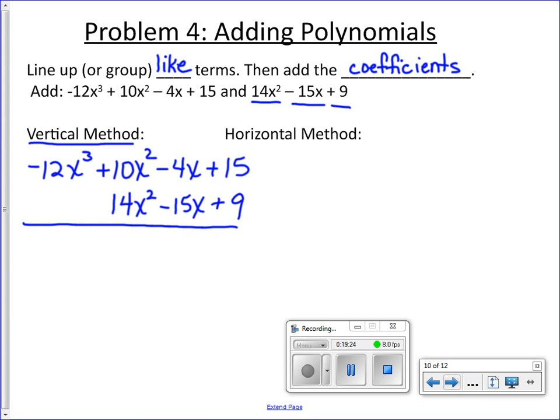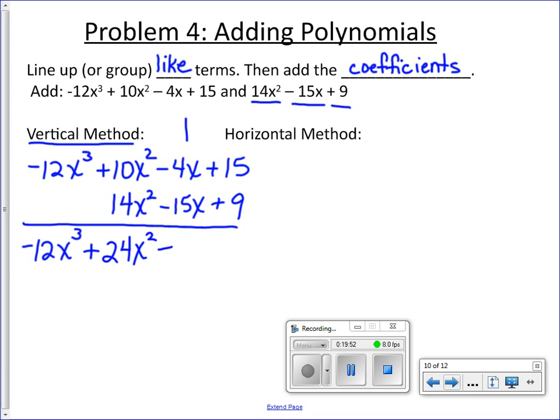Now, the cool thing about adding polynomials is we don't have to carry anything over. We can only combine like terms. So I'm going to start here at the left. And since there's nothing to add to the minus 12x cubed, I just bring that down into my answer. Next, I'm going to add the 10x squared and the 14x squared together, since they are like terms, which gives me 24x squared.